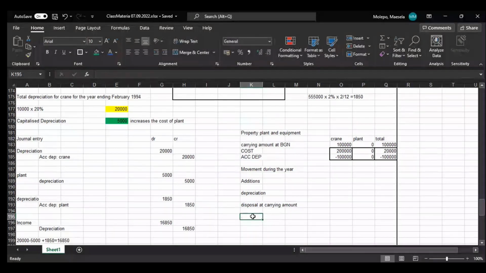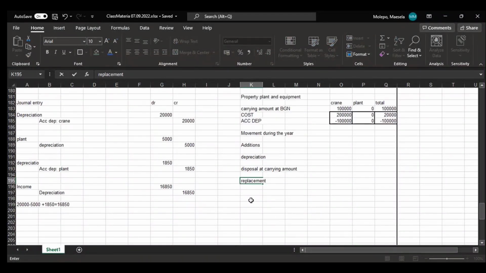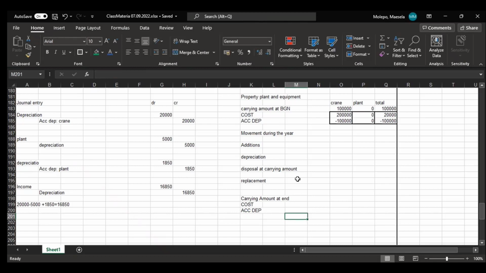We should have replacement. Then we must have the carrying amount at the end. Cost, accumulated depreciation. Now, let's calculate the additions.